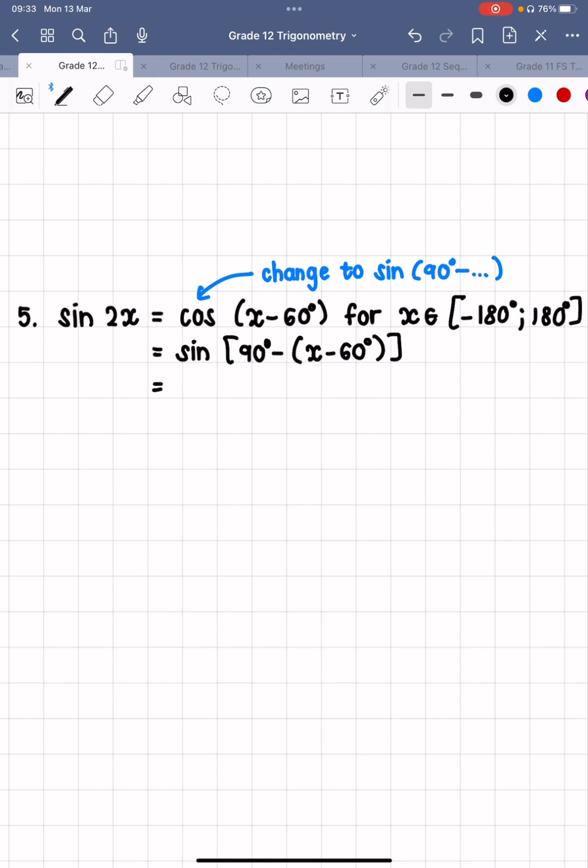So I'm going to get sine 90 minus x, and then a negative times a negative is a positive 60. So I'm ending up with 150 minus x.